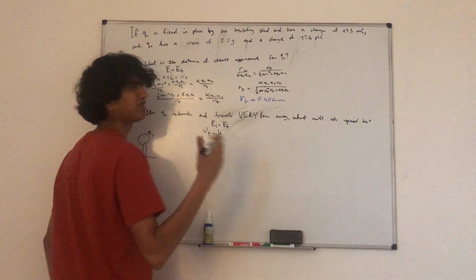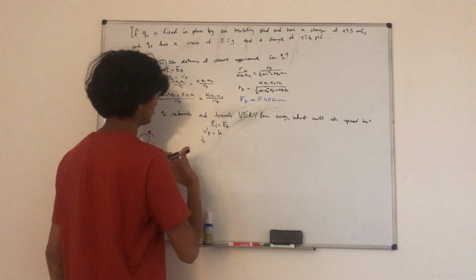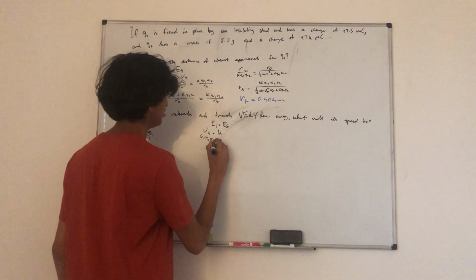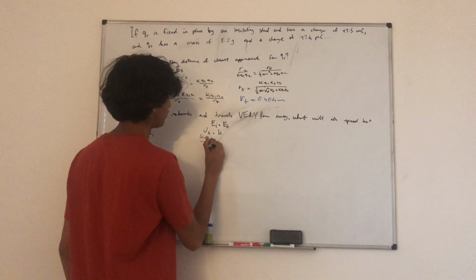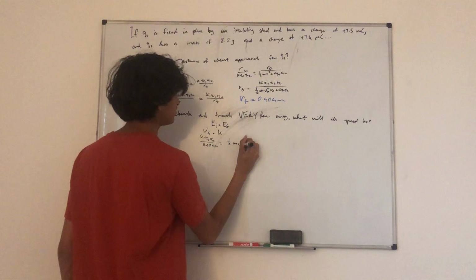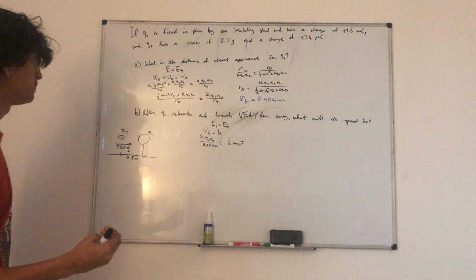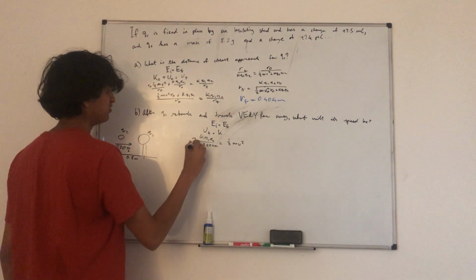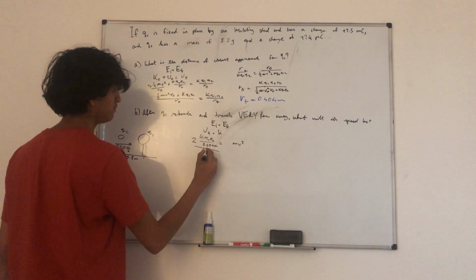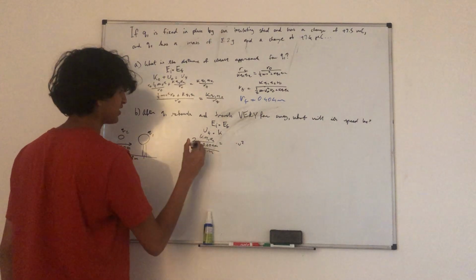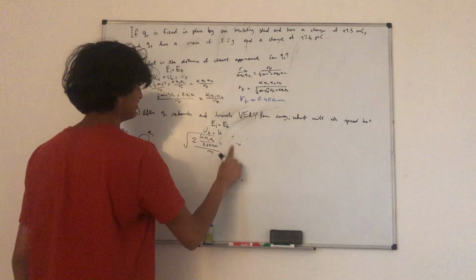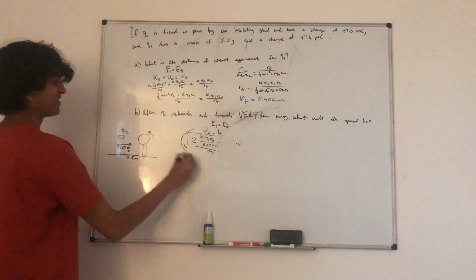We're just going to plug in K Q1 Q2 over 0.404 meters, which we just saw, equal to 1/2 mv squared. Now to solve for speed, I'm going to multiply this side by 2, divide both sides by m, and then take the square root. So this is your final answer.